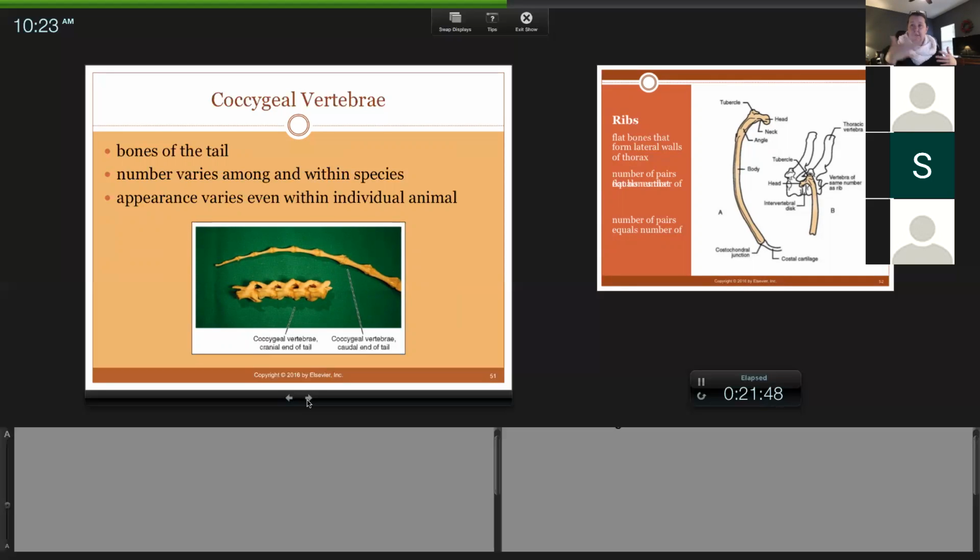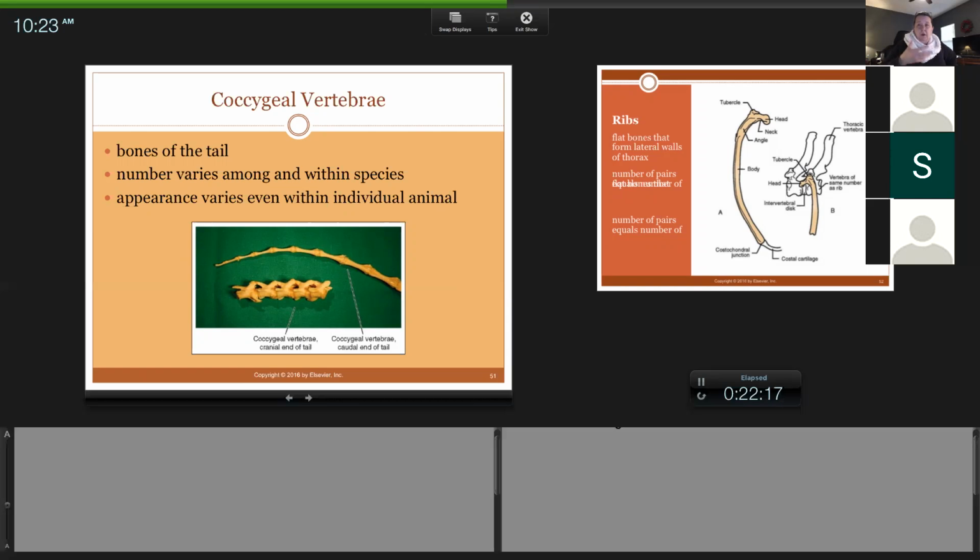I've seen different formulas in different books. But all I want you to know is that the length of those bones and how thick they are is going to vary. If you have a dog like a whippet or a greyhound with a whip tail, or even a pitty with a happy tail, and you've been hit by one when they're wagging, at the end it can get very thin, and those bones are very narrow.